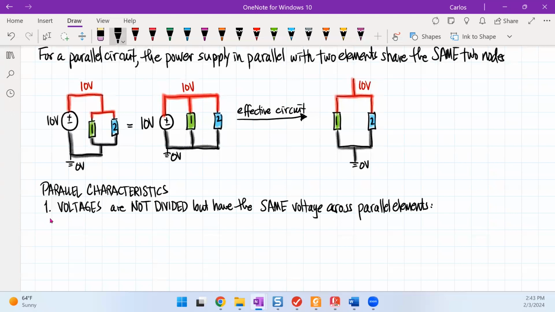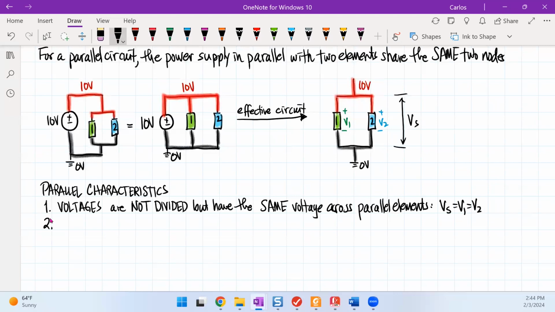In other words, if this height from here to here, if this is the source voltage, then that means here that this guy has a voltage V1, this one has a voltage V2, but because they all have the same height difference, then these voltages must be all the same.